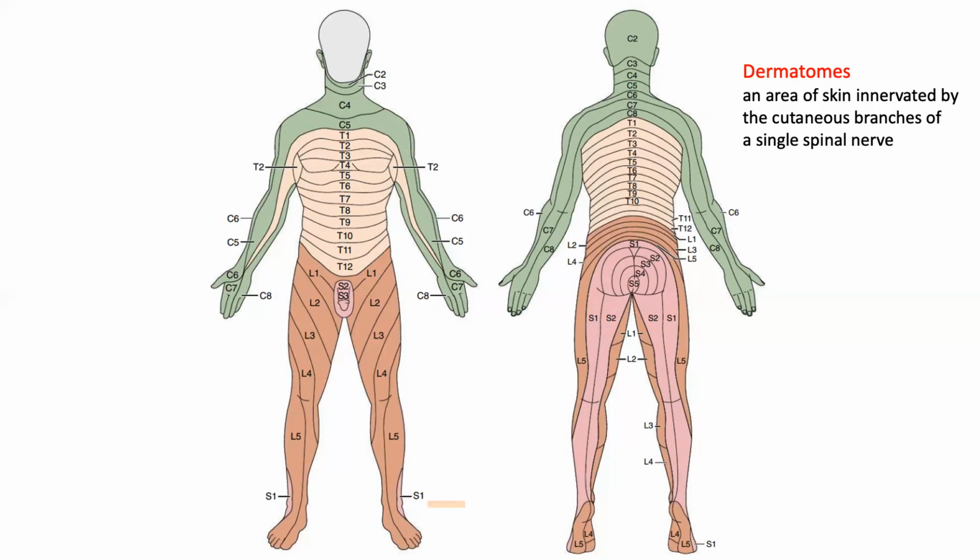Some other significant points are the nipple line, which is carried by the thoracic 4 spinal nerve, and sensation in the groin, which is carried by the lumbar 1 spinal nerve. In front of the knee and the medial malleolus, skin sensation will be carried by the lumbar 4 spinal nerve, and so on.